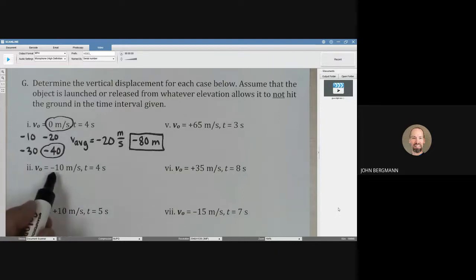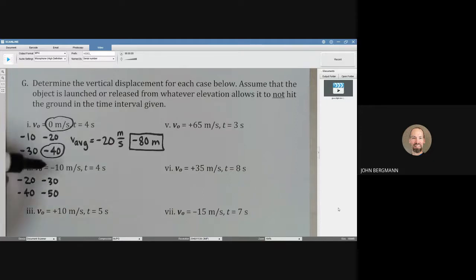Number 2 here. Now we're at the edge of a cliff, but now we're throwing the ball downward, assuming it's a ball, throwing it downward at 10 meters per second. Well, 1 second later, it's going to be going 20. It's going to be going 30. It's going to be going 40. And after 4 seconds, it's going downward at 50 meters per second. What's the average? Started at 10, ended at 50.